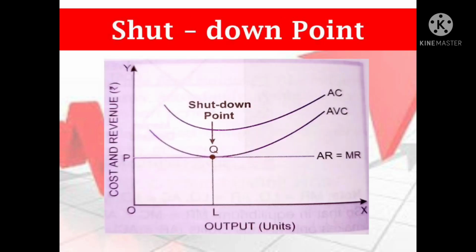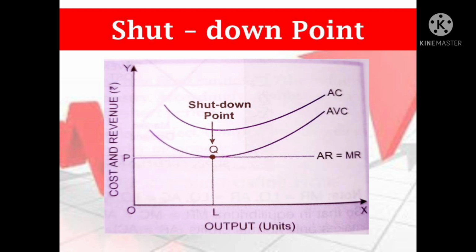Next, shutdown point. Shutdown point occurs when a firm is covering its variable costs only. Here the firm is incurring a loss of fixed costs. Shutdown point occurs when a firm is just covering its variable costs only, or it is a situation when TR equals TVC.